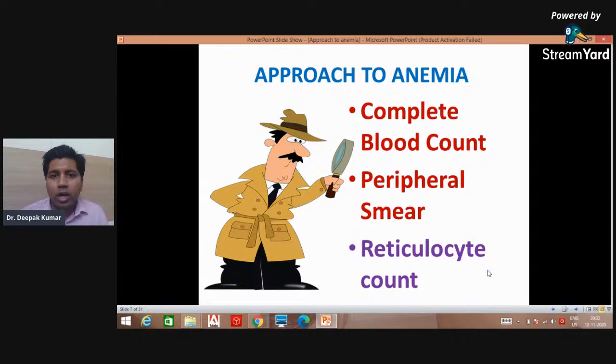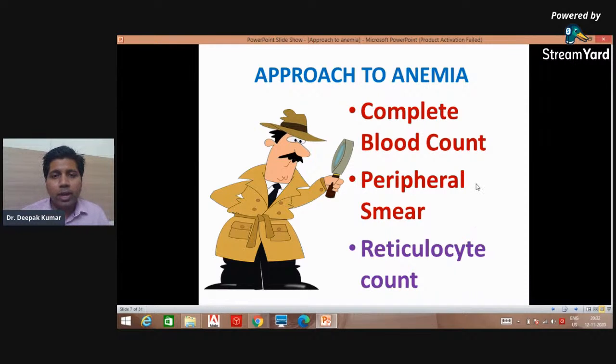And mind you, I'm not taking into consideration the clinical symptoms, which could be non-specific for a patient with anemia, unless the cause of anemia is, for example, kidney disease, where the patient may have symptoms relevant to the renal system. So I'm not using clinical parameters to diagnose anemia here, only the laboratory evidence.